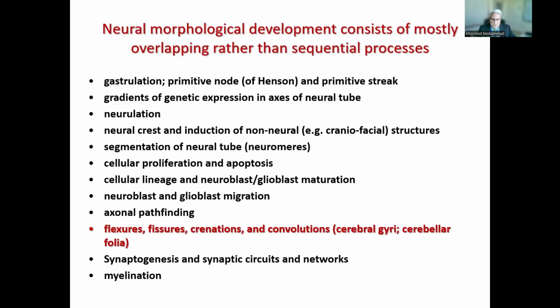But most of the processes are occurring at the same time. And for that reason, I've demarcated them with bullets rather than numbers. And the one we're going to talk about today is flexures, fissures, and crenations, and other convolutions and gyri in the developing brain.